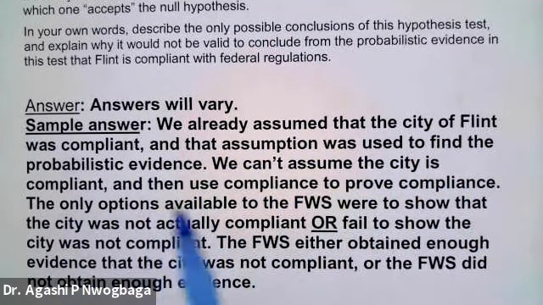The only options available to the FWS were to show that the city was not actually compliant, or we failed to show that the city was not compliant. The FWS either obtained enough evidence that the city was not compliant, or did not obtain enough evidence to do that. Nothing else.